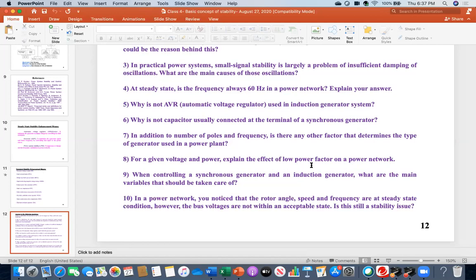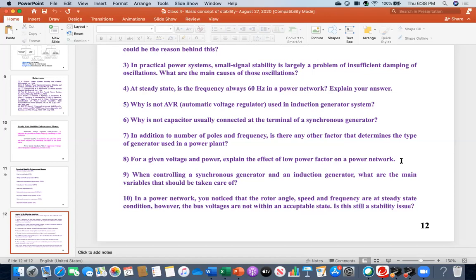Amani, what could be the answer to question number 8? What is the impact? I think the low power factor will affect the stability of the power network, of the system.